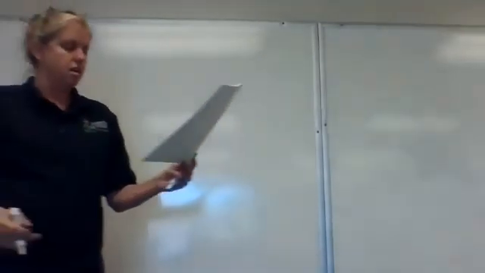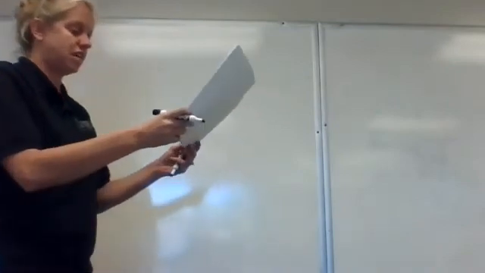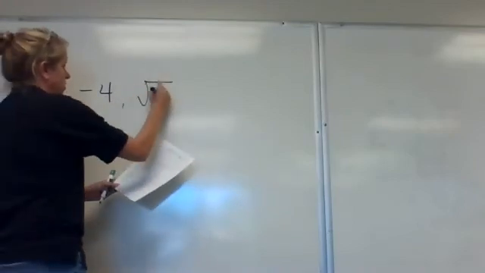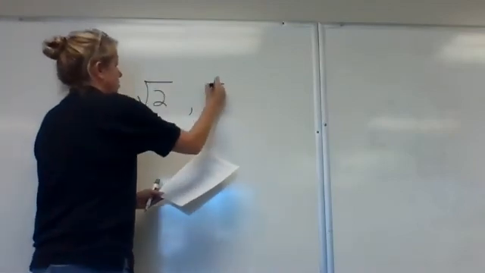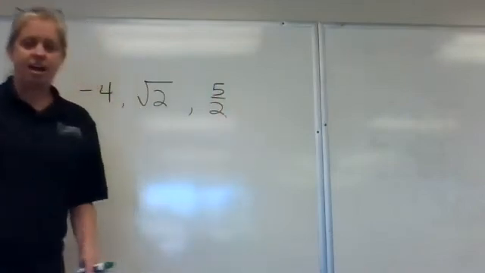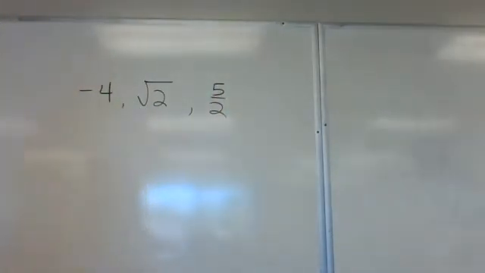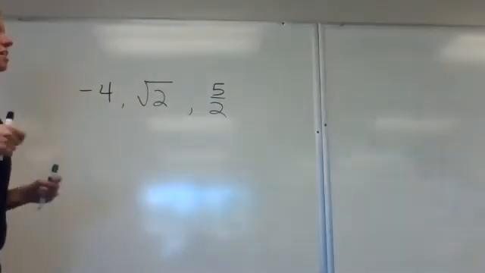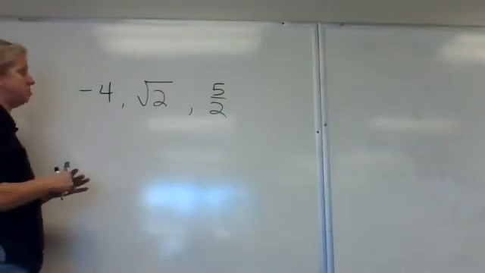So on number 7, it says, suppose a polynomial of degree 4 has the given numbers as zeros, find the other 0. So the given ones are -4, the square root of 2, and 5/2. It says there's one missing 0, so I'm looking for anything that would have a matching pair.